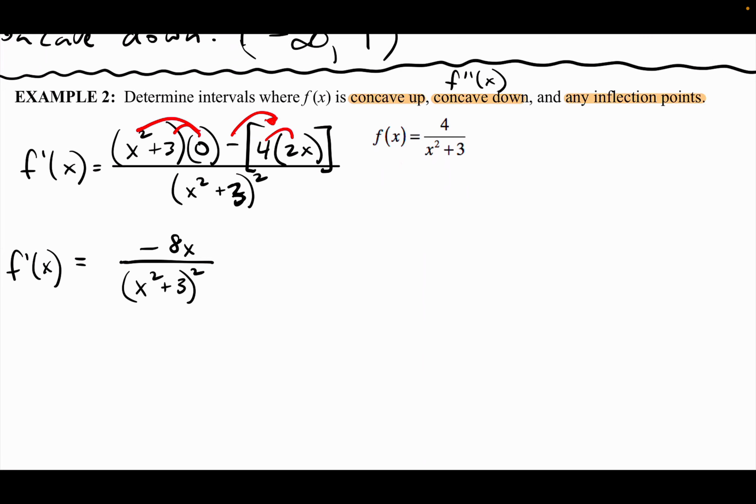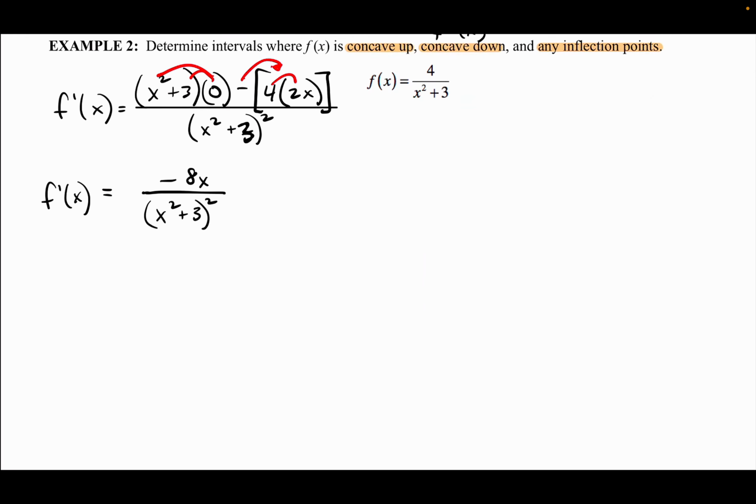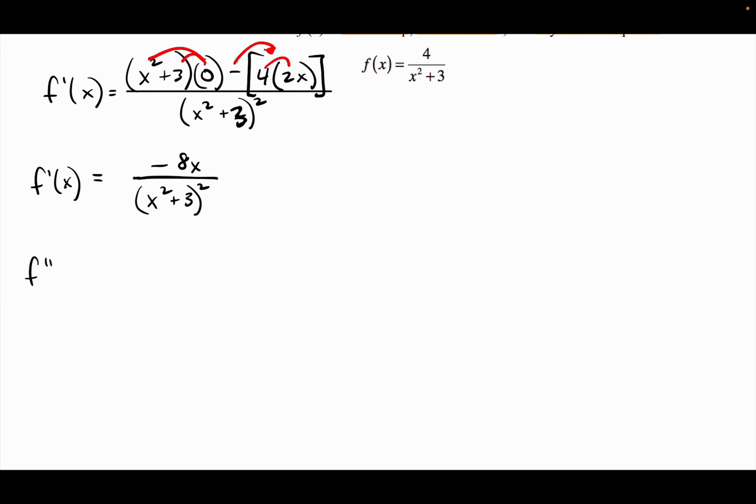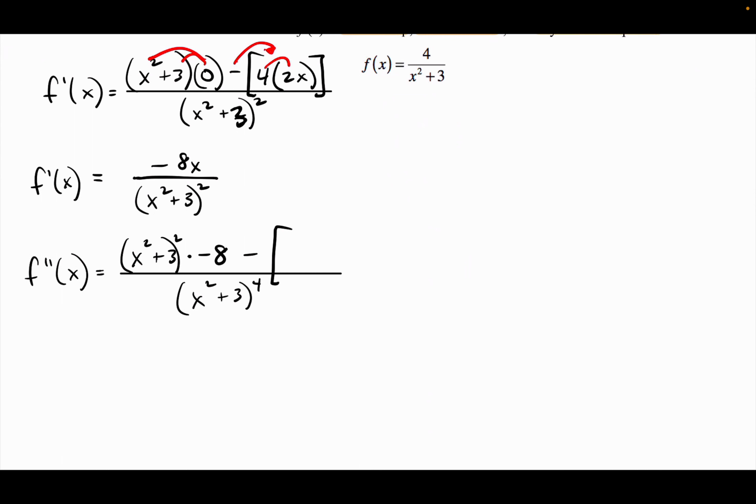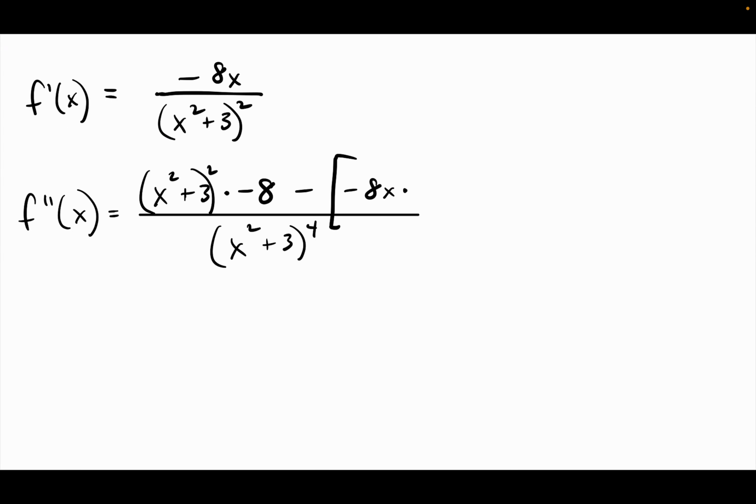That's the first derivative. Now we got to do it again because we got to find the second derivative. Okay, so the bottom squared. If I square the bottom, it's already squared, so it's going to be to the 4th power. Okay, so low times the derivative of the high, which is negative 8, minus the high times the derivative of the low. To find the derivative of the low, I'm going to have to use the chain rule.